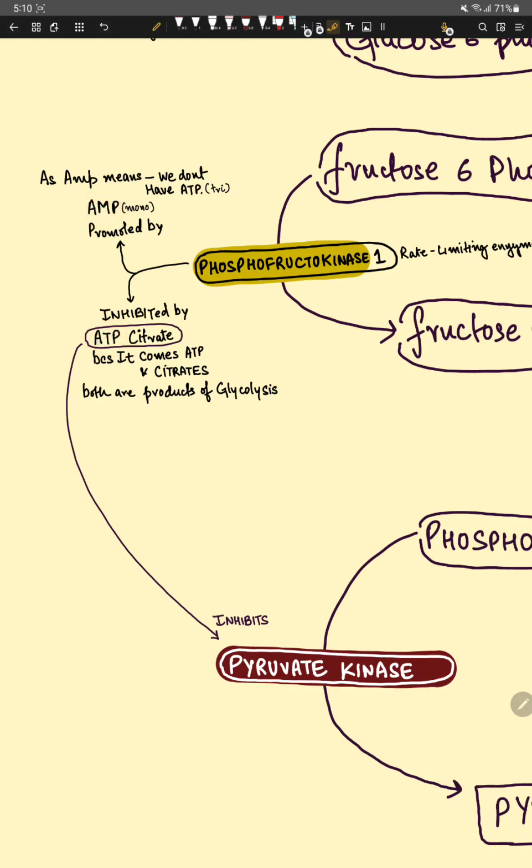If you already have enough energy, why would you need to do glycolysis? You don't need to break down glucose into energy packets because you already have ATP. That's why ATP negatively inhibits phosphofructokinase 1, and AMP, the mono molecule which has less energy, promotes it. Of course, if we don't have energy, we break down the glucose.